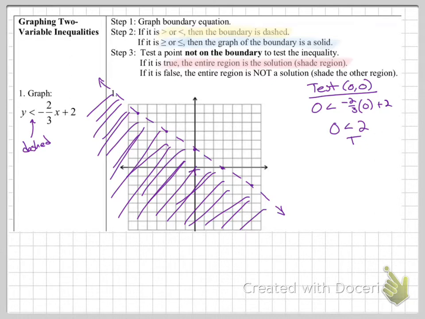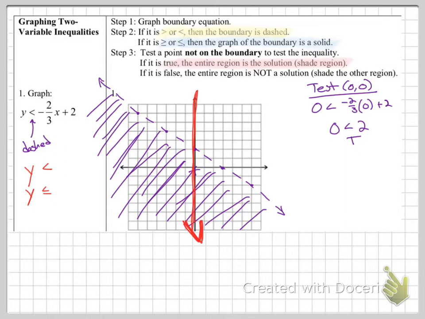One thing I want to point out, as long as y is on the left, y less than or y less than or equal to, your y-axis is this red axis. I'm making it red right now. The smaller y's are down here, right? The further down you go, the smaller the y's get.